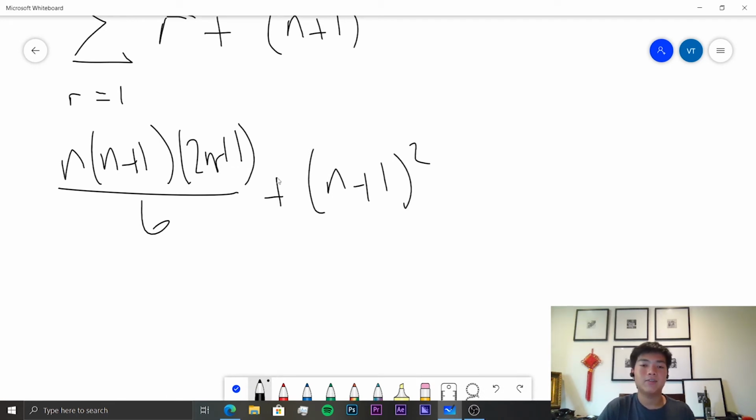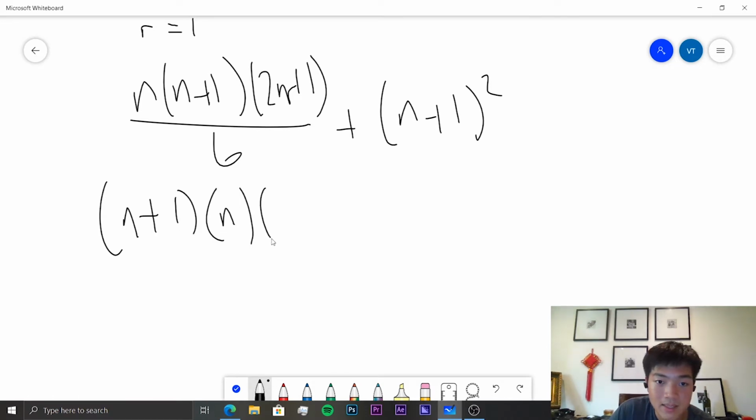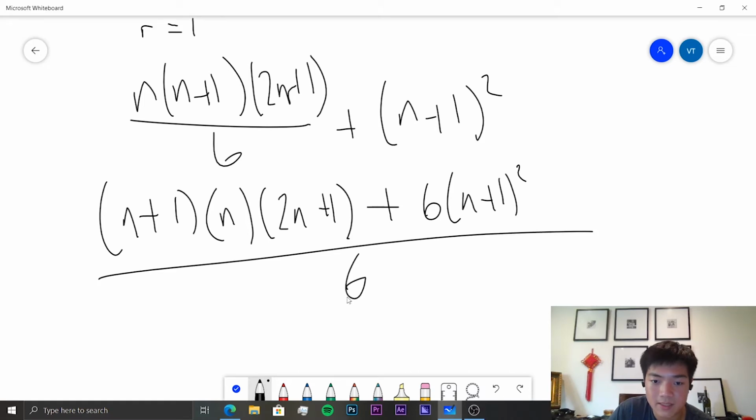N plus 1 squared should be equal to this sum up here. Okay, and so what we need to do now is add this to that fraction. So what we have is n plus 1 times n times 2n plus 1 plus 6 times n plus 1 squared divided by 6.